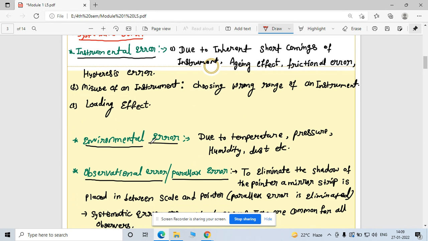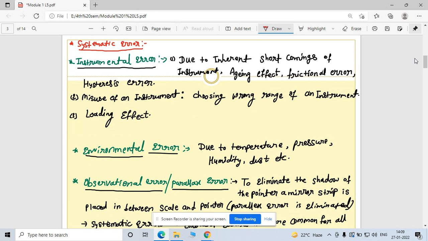This error is always present in your meter, but you need to take care of it. This error should not be very big, or you should restrict that error as much as possible, to a minimum, right?